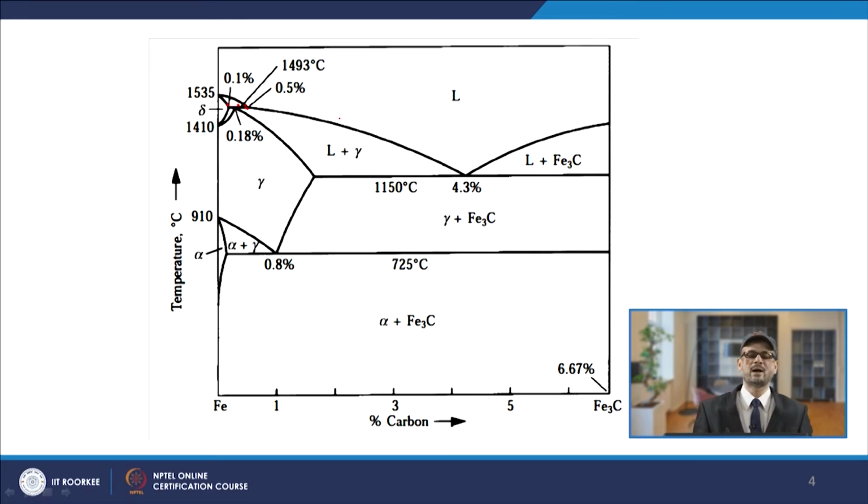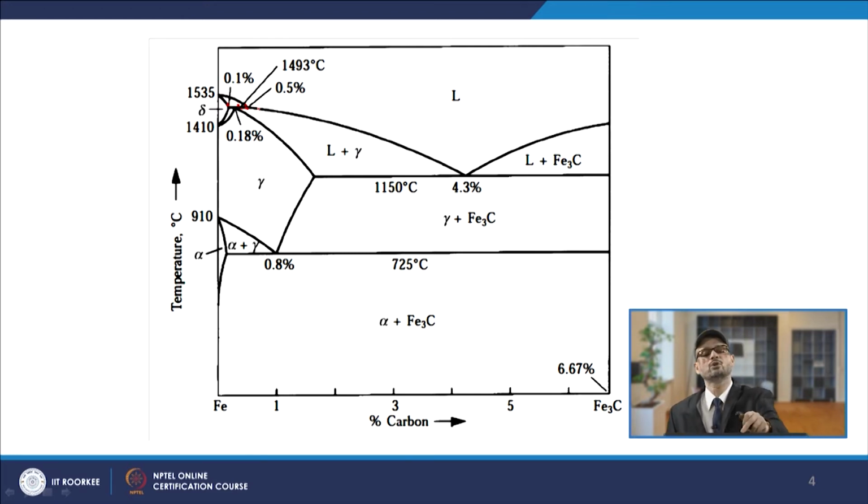So, you have to find gamma. Now, for gamma, since gamma is on this boundary, the gamma percentage will be for the distance from 0.2% to 0.5%, and that will be respective to 0.5 minus 0.18.